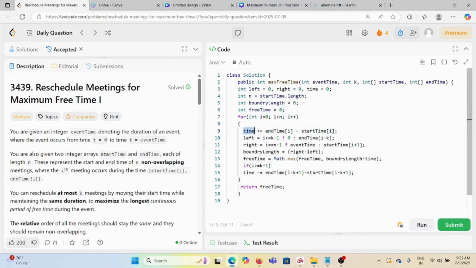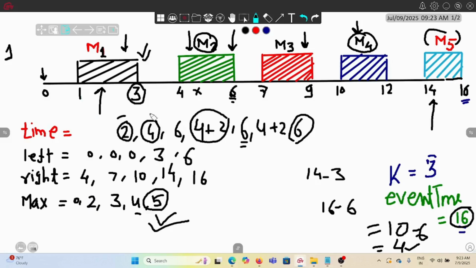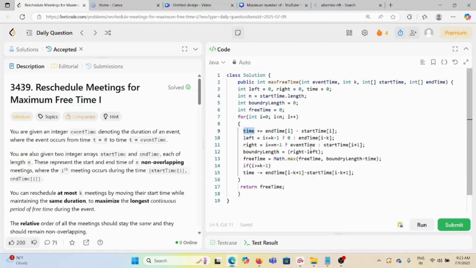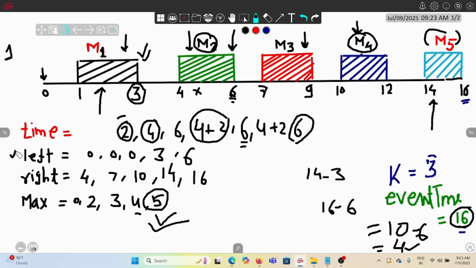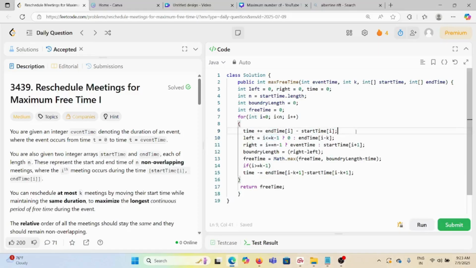So this time would be taking the values just like we were calculating here, for every meeting, end time minus start time. Then we are checking left every time. What we are doing is, if this is the very first window, you can check here: if i is still less than or equal to k minus 1.